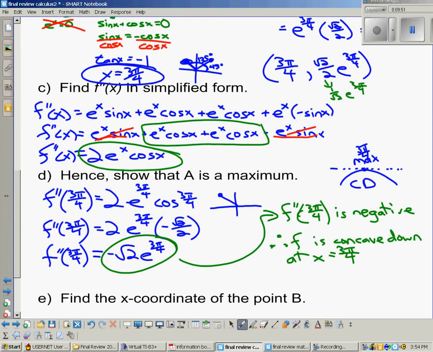Okay. Which means we do indeed have this situation where the curve is concave down and we have a horizontal tangent. There's no other possibility than to have a maximum. A is a max.